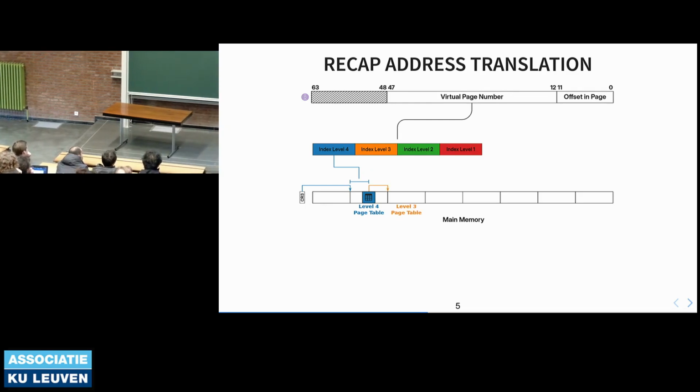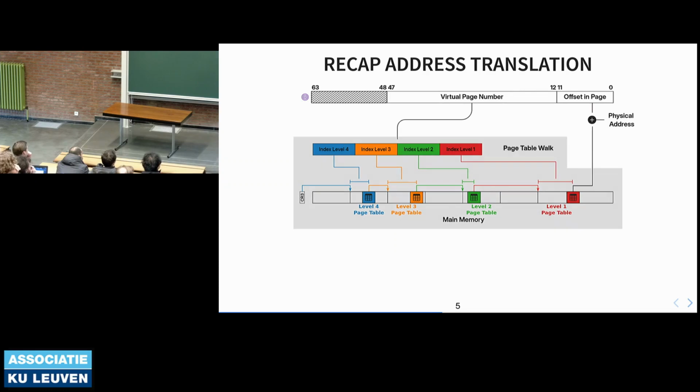Then we use the next 9 most significant bits from the virtual page number to index into this level 3 page table, which gives us the physical address of the level 2 page table, and so on and so forth, until we arrive at the level 1 page table entry, which is now the physical base address of the page in which the virtual address resides. So combining it with the offset of the virtual address, we now have the actual physical address of this virtual address. Okay, but of course, well, maybe first of all, this entire process is called a page table walk.